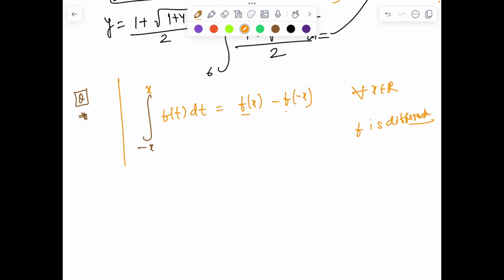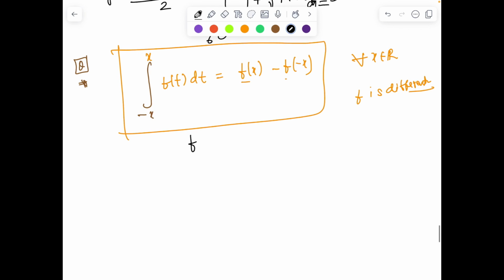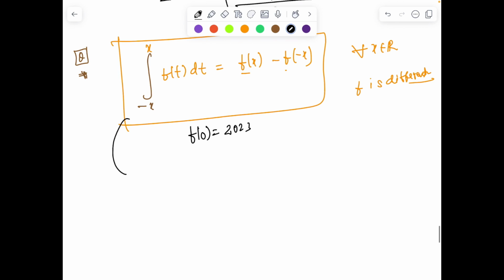So if f is differentiable, RHS is differentiable, hence this is definitely an integrable function, right? And the integral from minus x to x of f(t) dt is not only integrable but also continuous and differentiable. And if it is known that f(0) is 2023, you can put 2024 or whatever, then you have to find all such functions.